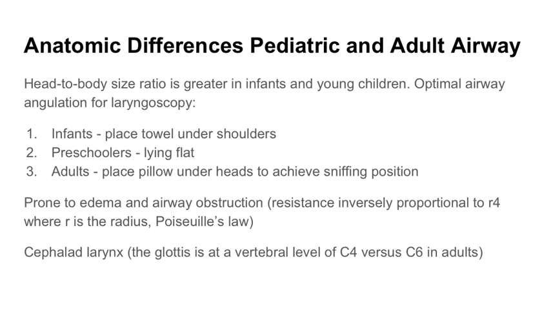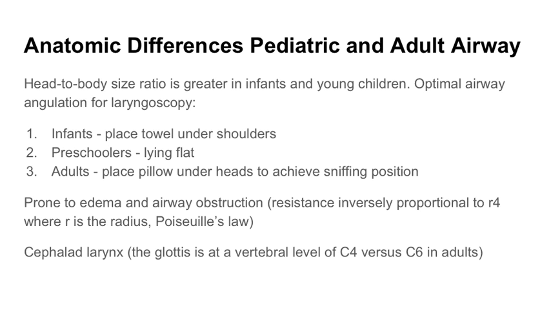And therefore, the optimal airway angulation for laryngoscopy for infants is to place a towel under their shoulders. For preschoolers, you may lie them on a flat surface. And for adults, place pillows under the head in order to achieve the sniffing position. For infants, you just place them on a flat surface, and they will naturally flex their neck.